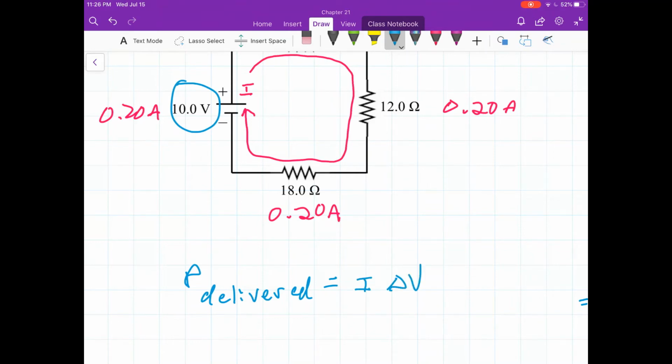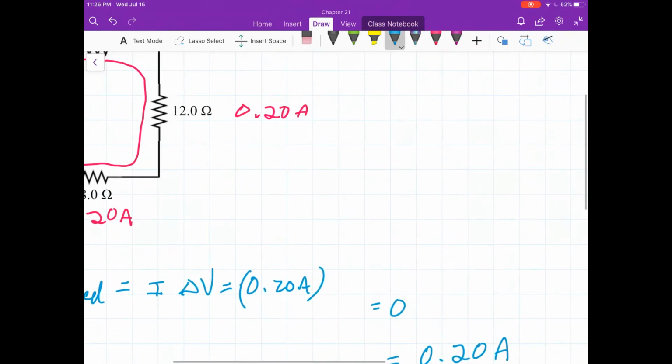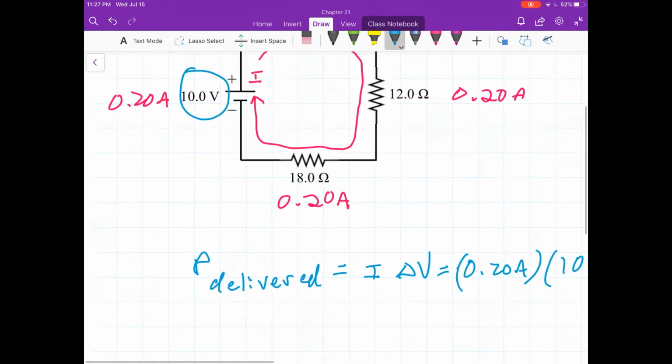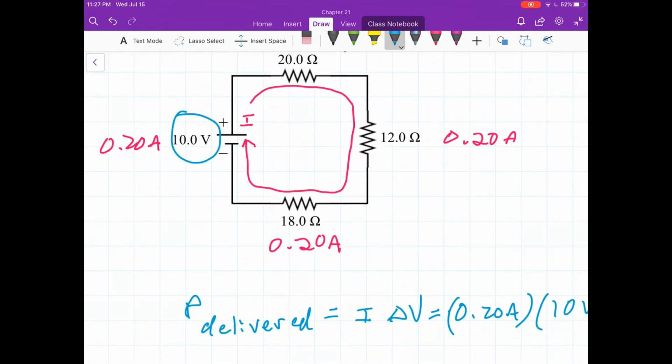What's the delta V of the supply? In this case, you see it's going to be 0.20 amp times 10 volt supply. It's going to be 2.0 watts. In other words, this thing is delivering 2 watts to the circuit.